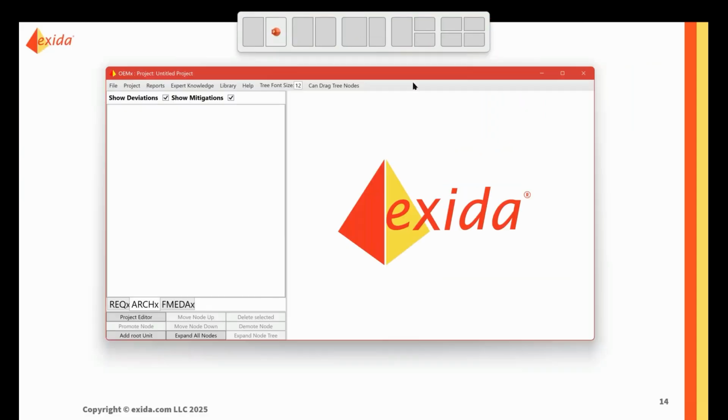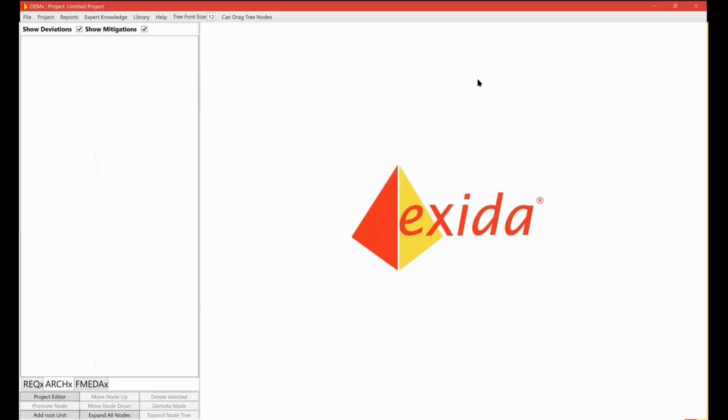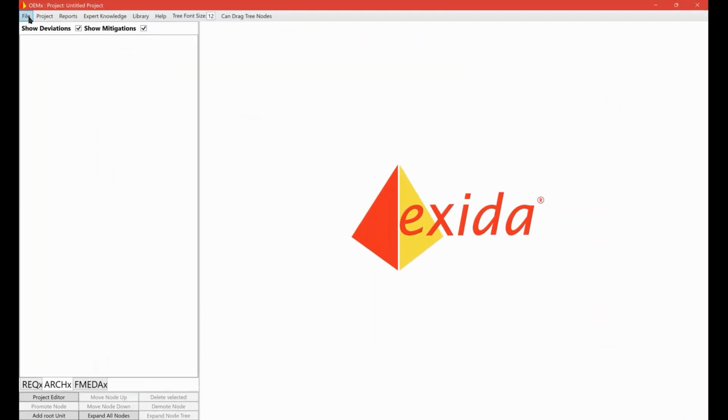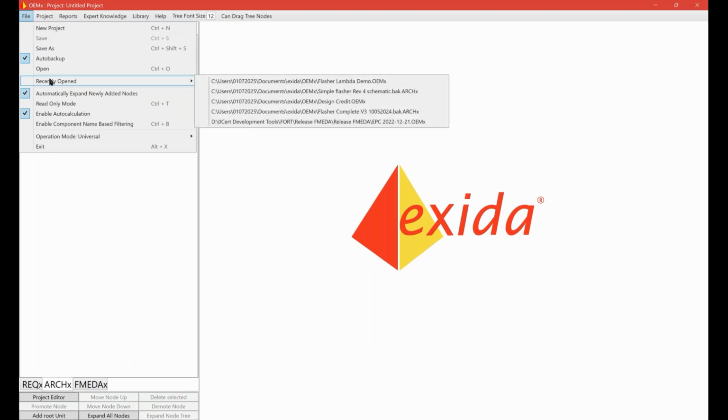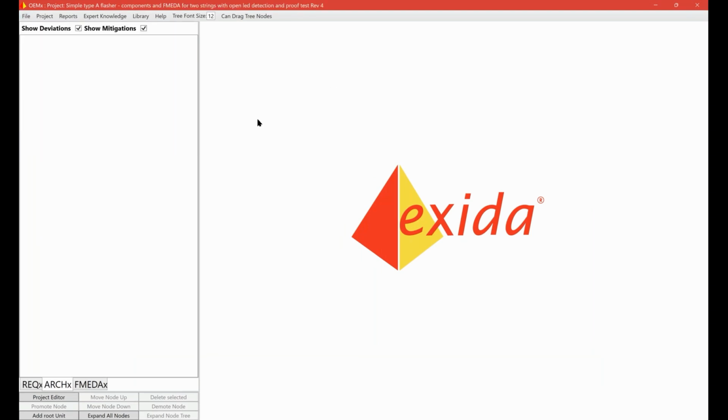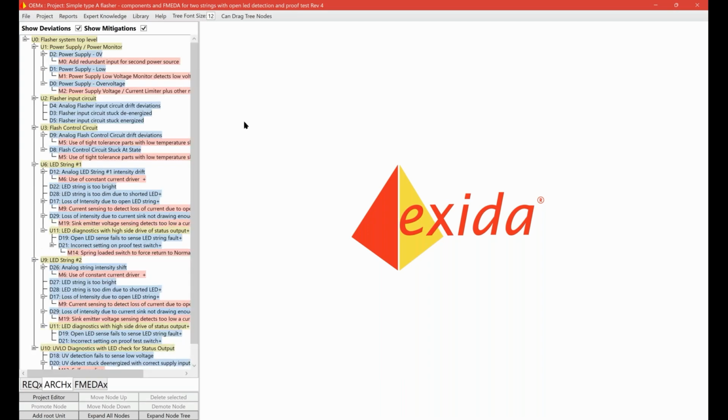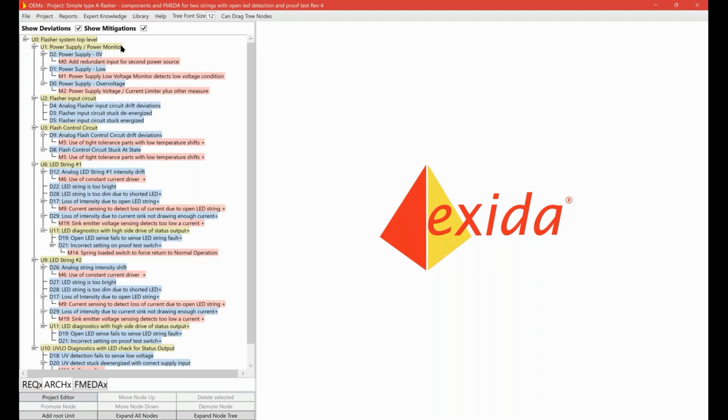I'm going to get OEMX on the screen. Let's load up my project. It's recently opened. Yep, Flasher demo. The file loads in, and you do see the ArcX, the units, the deviations, the mitigations, and all these are filled out.